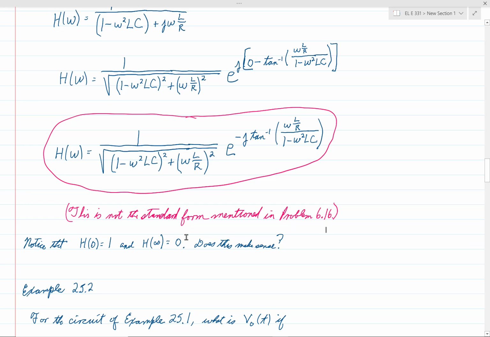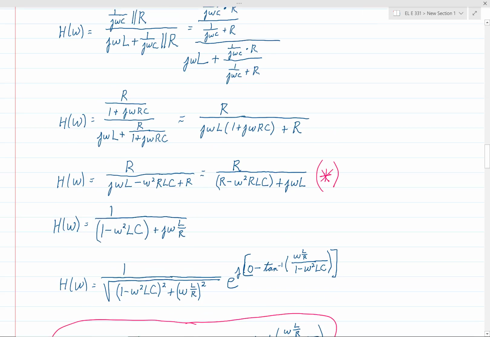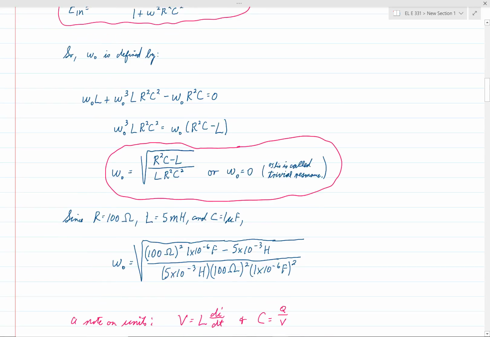Now, before we move on to our next example, I want to make a couple of observations. If you look at this, h of 0 is equal to 1, and h of infinity is equal to 0. Does that make sense? Well, let's go back up here to the picture and see.